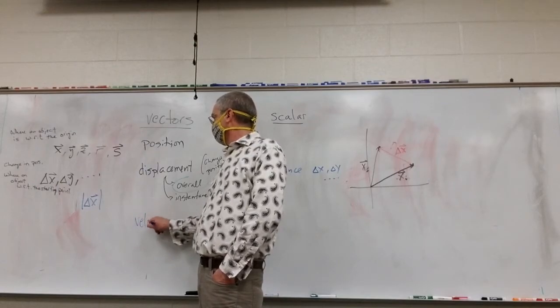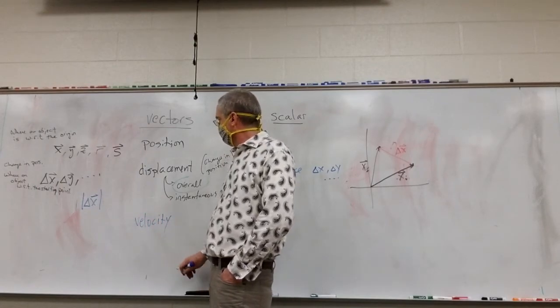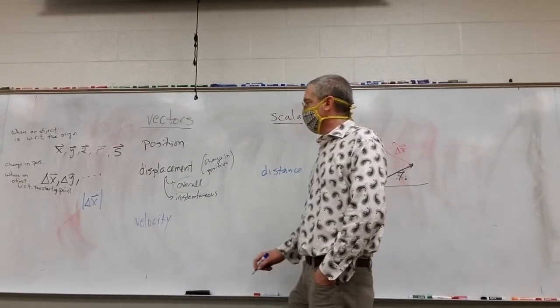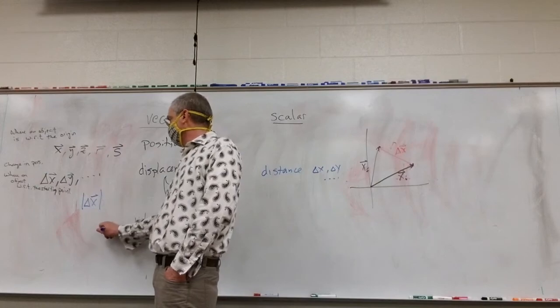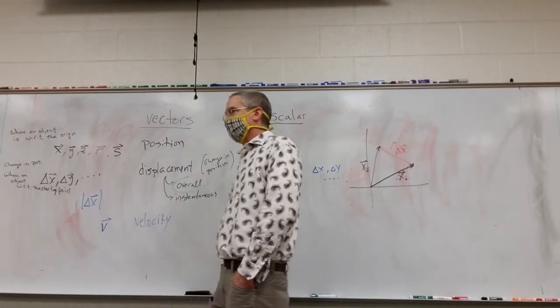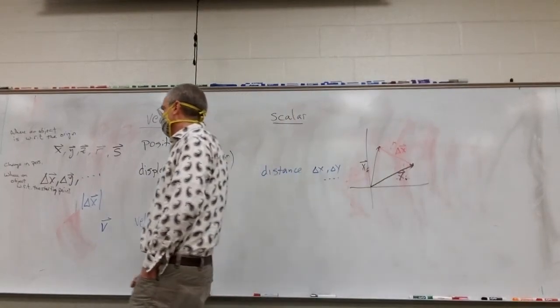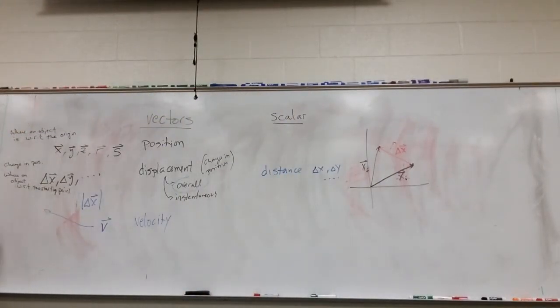Velocity, as Kyle mentioned earlier. The symbol for velocity, they went really clever on this one: V with the vector symbol. As Kyle also mentioned, it's how fast and what direction, or speed and direction.